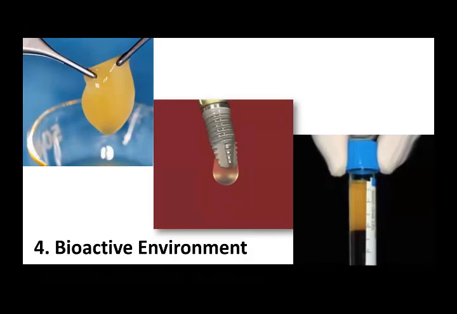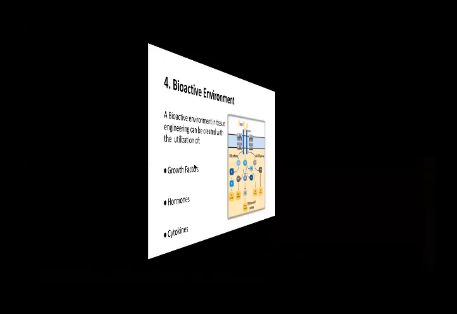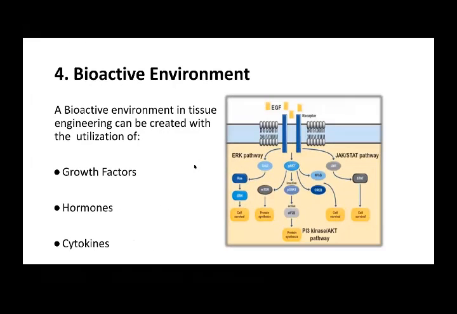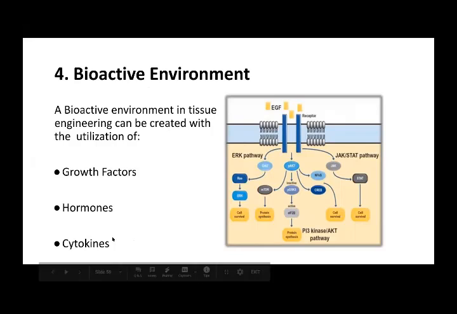Now, okay, the bioactive environment, the fourth part. The bioactive environment in tissue engineering can be created with the utilization of 3 main things: growth factors, hormones, and then cytokines.